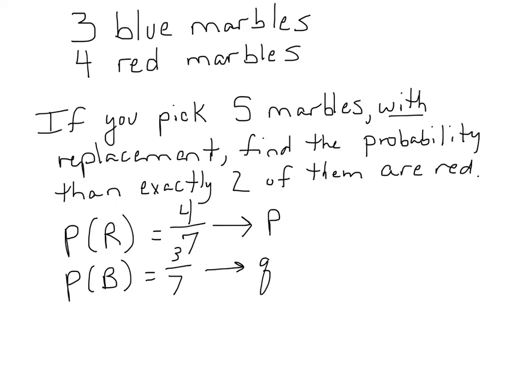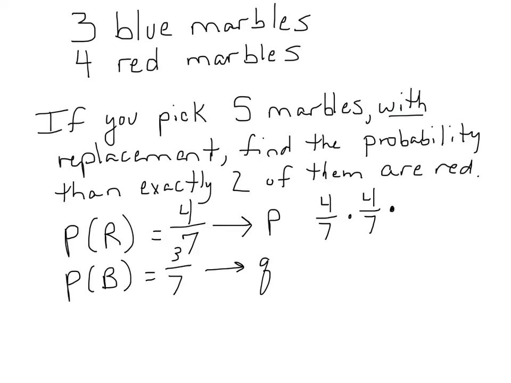Okay, so here's the way it goes. I want exactly 2 of them to be red. So the easiest scenario is that the probability that the first marble I pick is red would be 4 out of 7. The probability the next marble I pick is red would be 4 out of 7. Then the next marble would have to be blue.